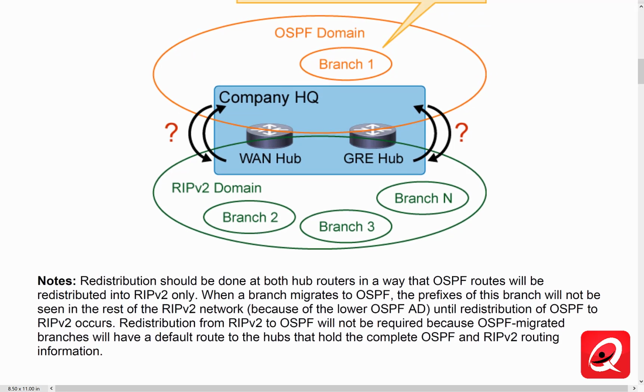You know, we have the potential of having suboptimal paths, not in this case because we only have a single path, but redistribution should be done at both the hub routers in a way that OSPF routes will be redistributed into RIP only. When the branch migrates to OSPF, the prefixes of this branch will not be seen in the rest of the RIP network because of the lower AD.